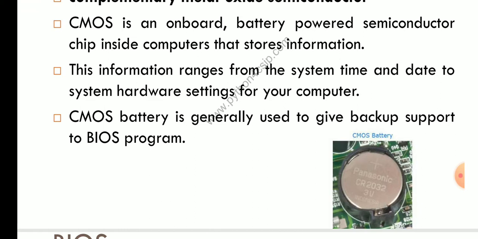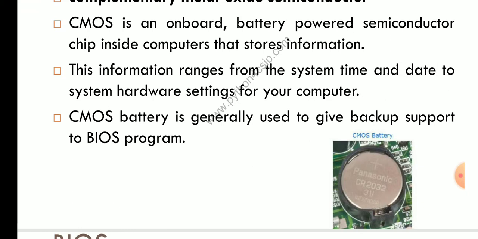Even if you shut down your computer and turn it on after a long time, the perfect system date and time is displayed according to the current time, and we get this with the help of our CMOS battery only.